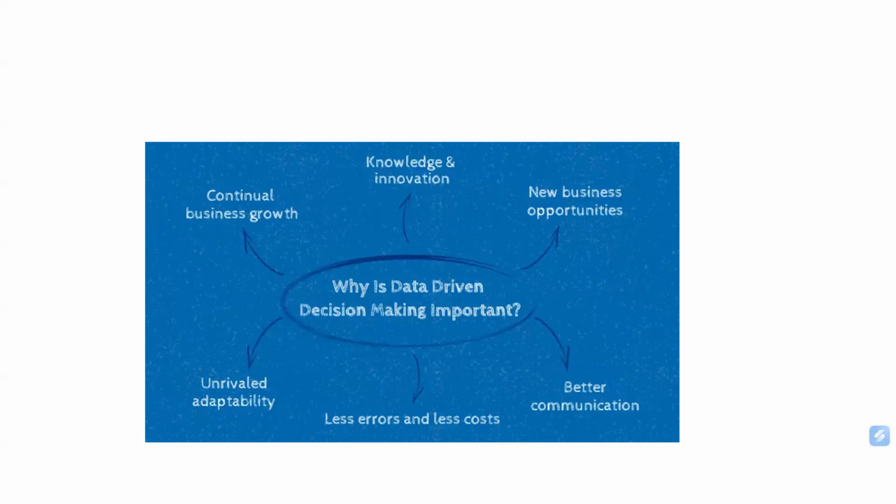Then knowledge and innovation. During the Big Billion Days, we have seen server downtime and so on because of the number of customers hitting the application or the web page. This is where innovation of a new technology or a new solution comes in, so they can solve such problems in a better way.